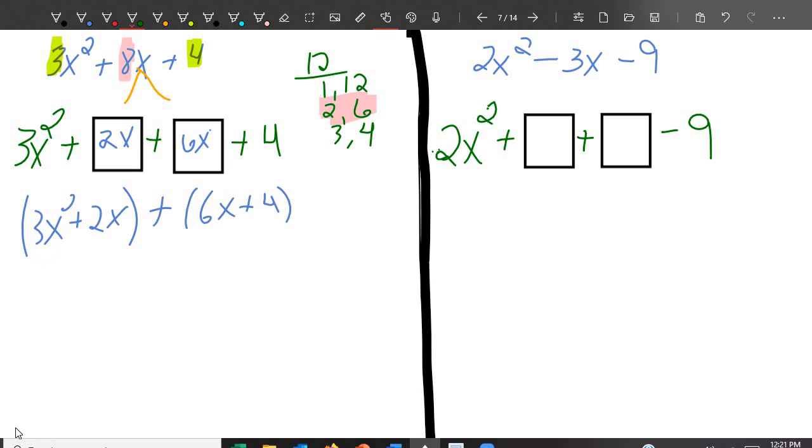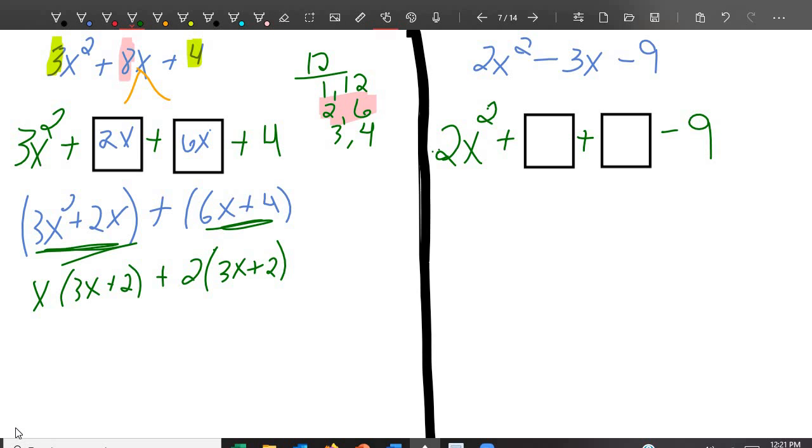Now we're going to factor out the GCF. In this case, the GCF is just an x. Factor out the x, and we're left with this. In the second parentheses, we can factor out a 2. They're both divisible by 2. So we'll get 3x. Whoops, fix that. We'll get 3x plus 2.